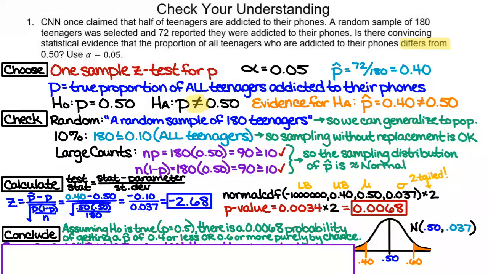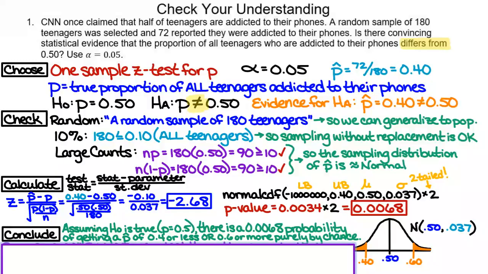And then the end of my conclusion, should we reject or fail to reject? We should reject, because, yes, less than 5%. 0.0068 is less than 0.05. And so we're going to reject the null, we're going to reject the HO, because we do have convincing evidence.